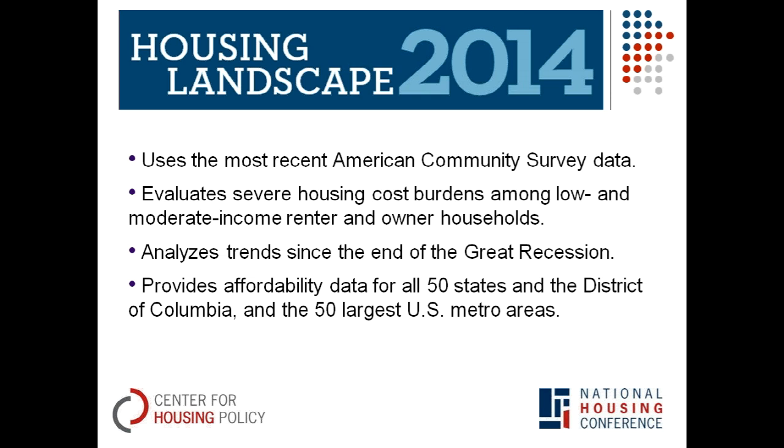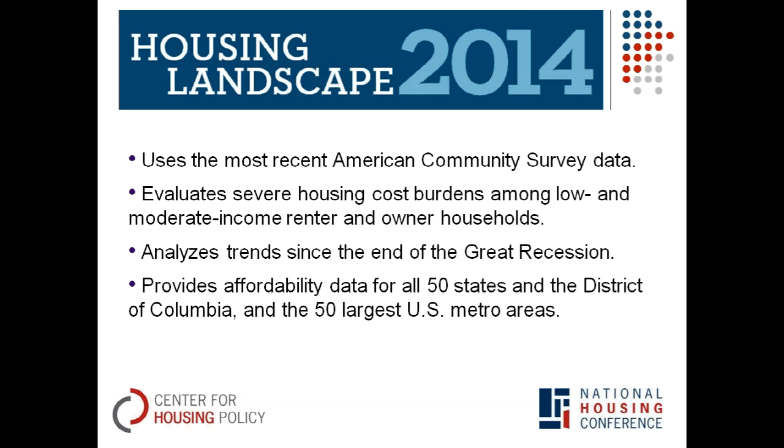Now, when we talk about housing affordability, what we're really looking at are what we call severe housing cost burdens. A household is considered to be severely housing cost burdened when it spends at least half of its income on its housing costs. When households are spending such a large share of their income on housing, other parts of their budgets get squeezed.